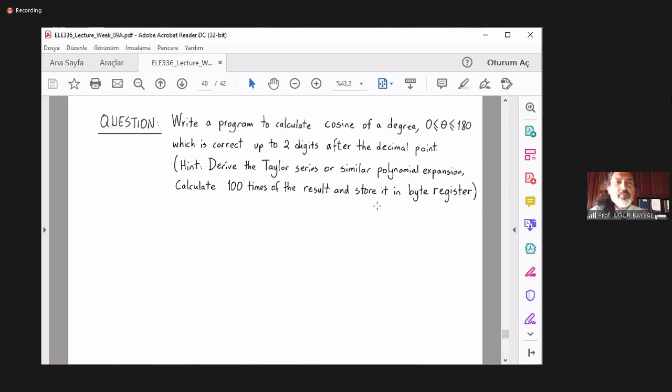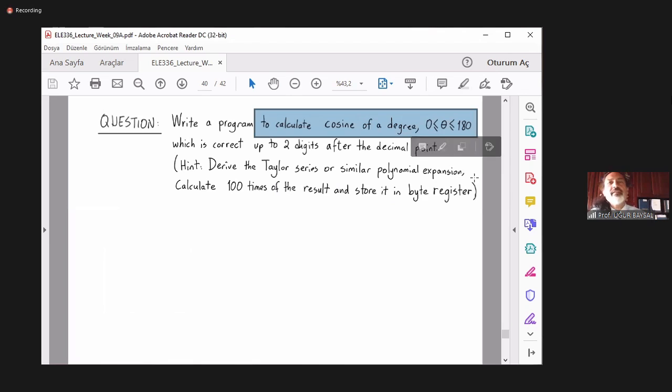So, write a program to calculate the cosine of a given degree in decimals. Of course, the degree cannot be higher than 255. So we just set limits of between 0 and 180. Actually, 0 up to 90 could be even fine. And it should be correct up to 2 digits after the decimal point.